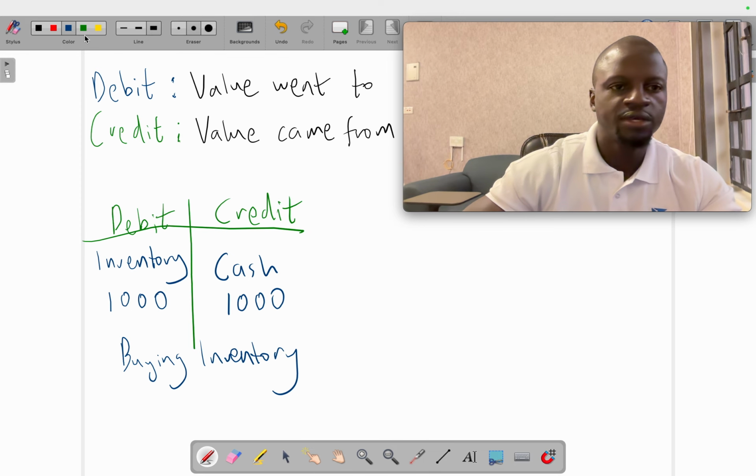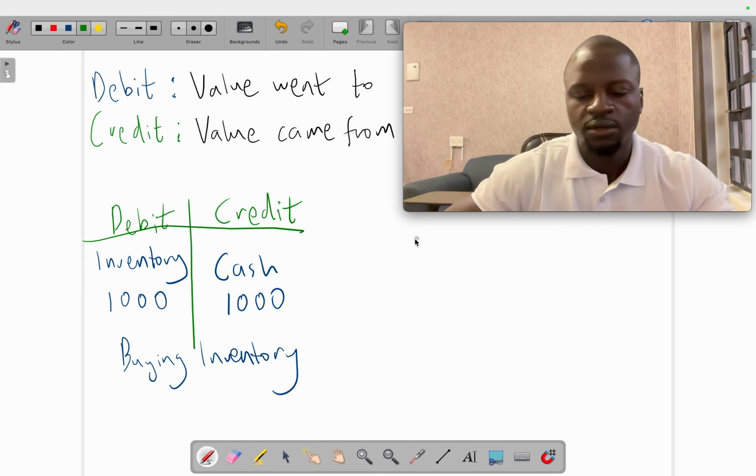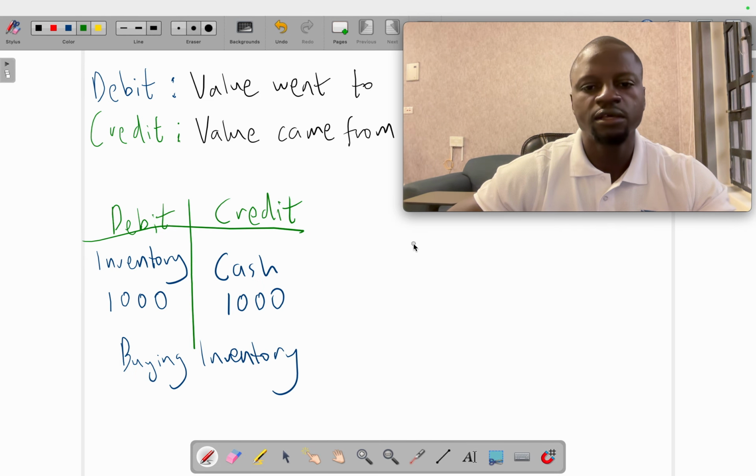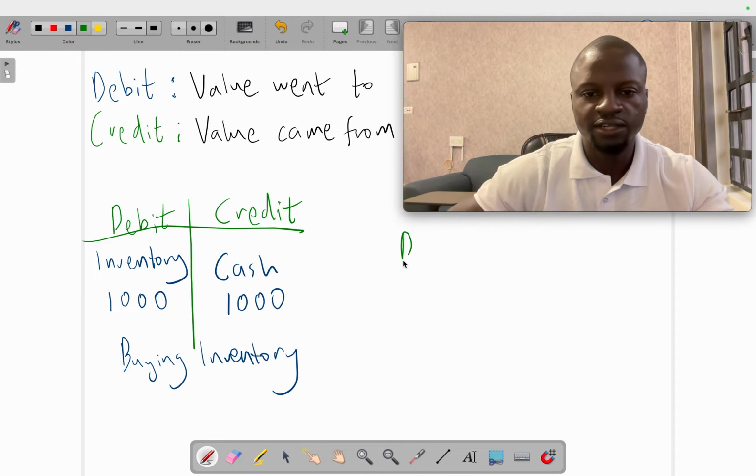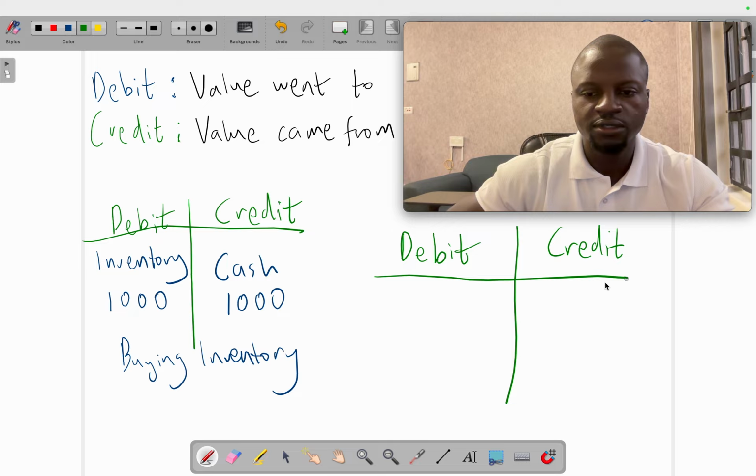Another example would be if the owner is contributing cash, or the owners of the business have decided that they're going to take a loan to fund assets in the business. So in this case, you still have debit and credit. So you're still going to draw the T table.